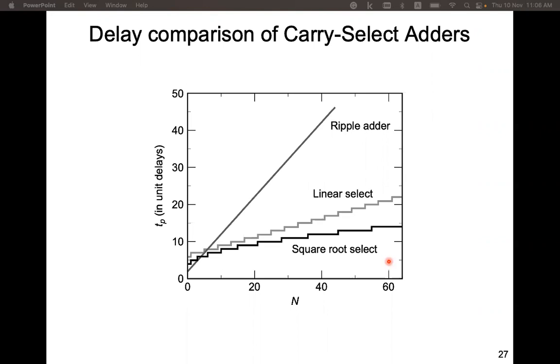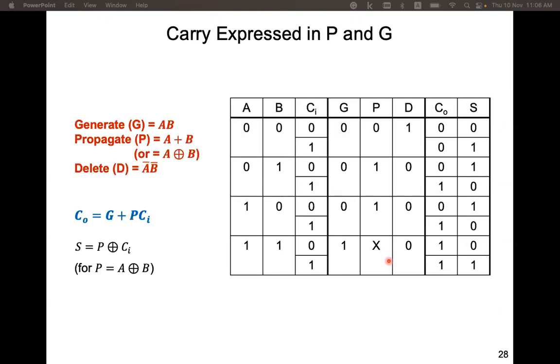So by now we have learned two types of fast adders, the carry skip and the carry select adders. And next we are studying a third type of fast adder. Again, this is an important table.